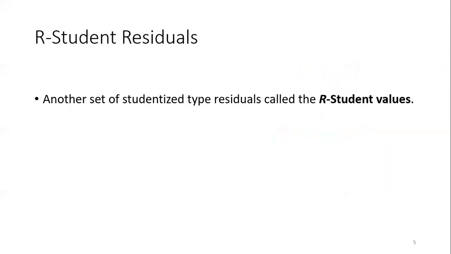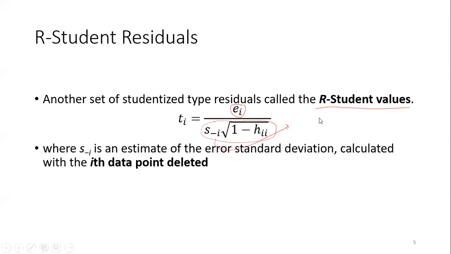Another set of studentized residuals are called R-student values. It's pretty much the same. You divide the e_i terms by an estimate for the standard deviation, but now the estimate is a bit different. It is the estimate found by deleting the ith data point.